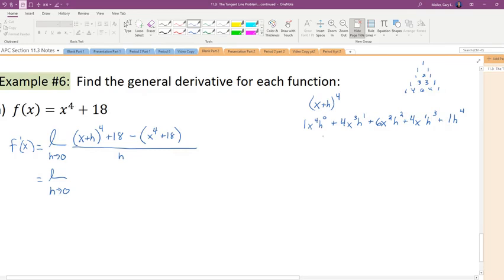All right, let's bring it over, clean it up. I'm going to have x to the 4th plus 4x cubed h plus 6x squared h squared plus 4xh cubed plus h to the 4th plus 18 minus x to the 4th minus 18.